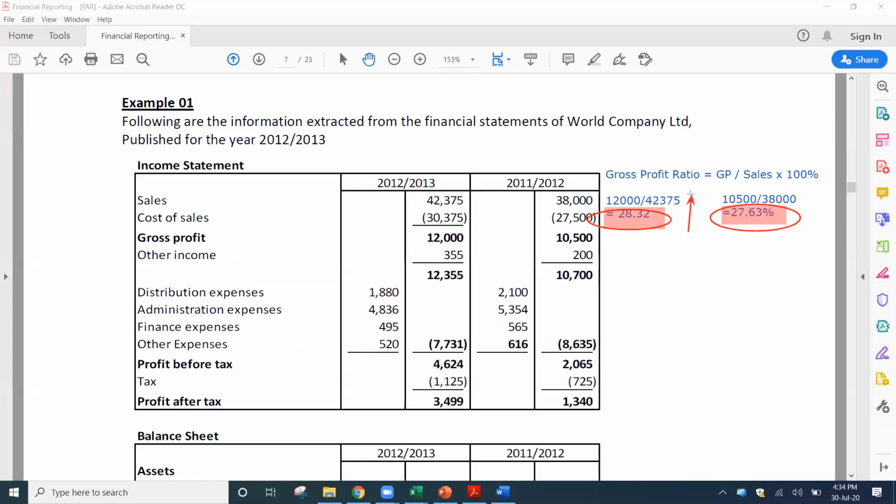The ratio has increased. Now when you are doing an analysis, when you are writing a report, you have to say a few things. What has happened to the ratio? This is the most important part.